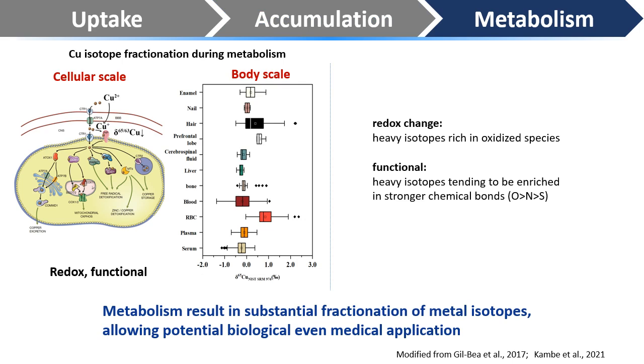And finally, for metabolism, isotopes fractionate also during metabolism. So just to show an example, at the cellular scale, redox and functional changes significantly fractionate copper isotopes, where generally heavy copper isotopes tend to be enriched in either oxidized species or stronger chemical bonds, which may result in larger variation of delta 65 copper in different organs and at body scale.